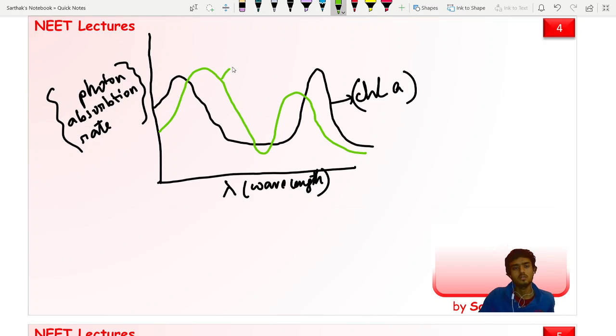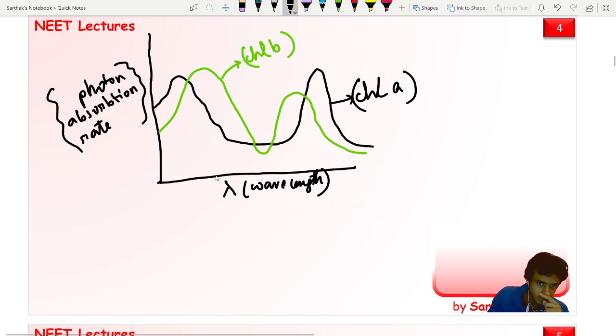What I was saying earlier: suppose this is lambda dash, an arbitrary wavelength, and we have to find the different photon absorption rates for this lambda dash. We draw a perpendicular to the chlorophyll A graph, and from the intersection point we draw another perpendicular to the y-axis.